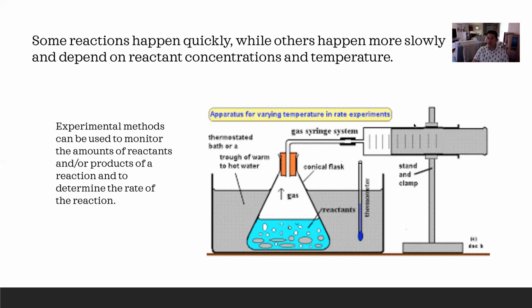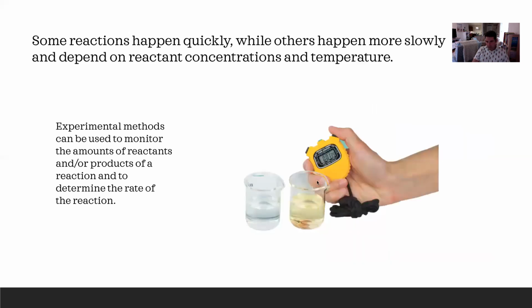So as we make more gas, this will expand. Think of it almost like a balloon. If you had more gas on a balloon above a flask, it'll get bigger and bigger and bigger. So as the syringe expands, you have an idea of how much gas you've made. So now here you would be looking at the rate of gas being produced, and you can measure it versus time with the stopwatch. All right.